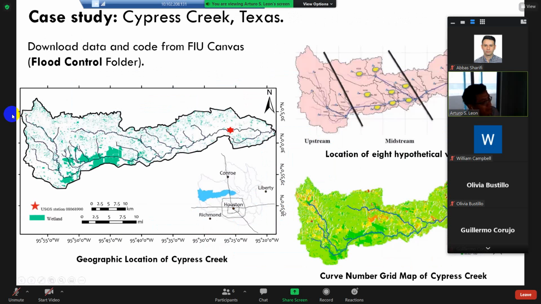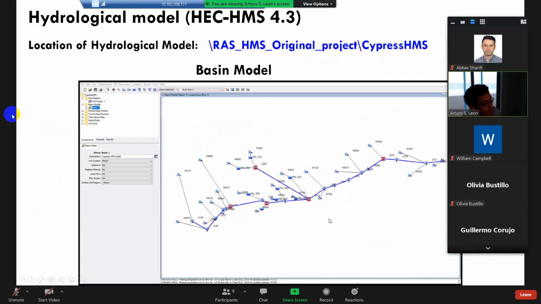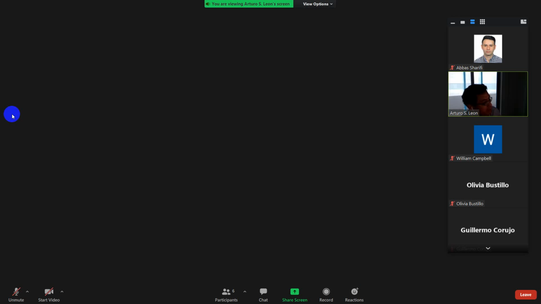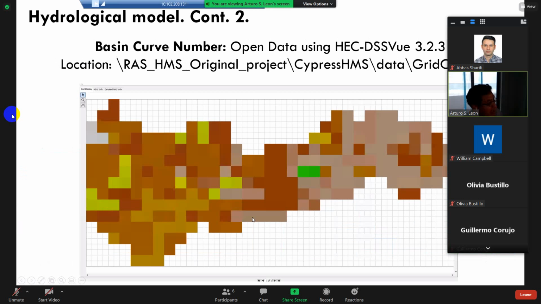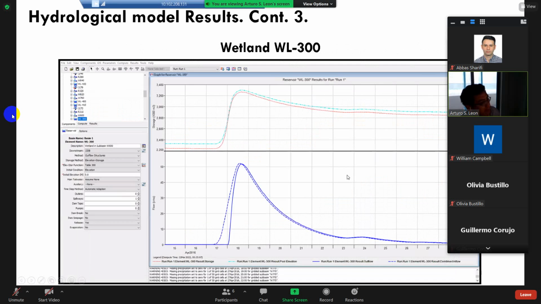And I will talk about how we have developed a hydrology model. And then you will play with the actual model for that Texas watershed. I will talk about the data that we can generate, the data of the rainfall every 1 hour, the curve number, the variation. This is the watershed, and then you will play with the HMS model.